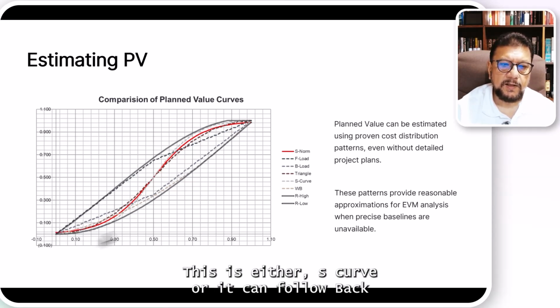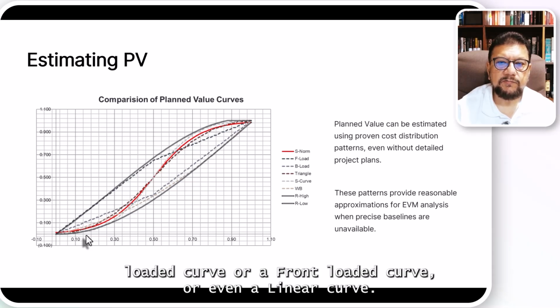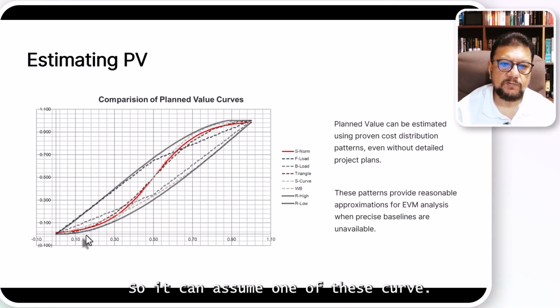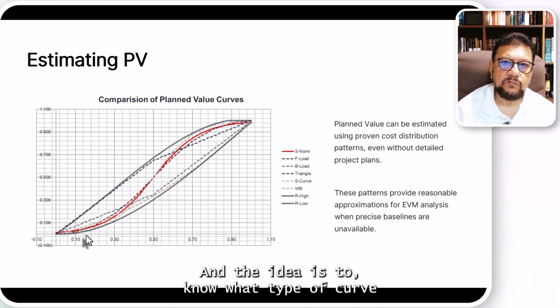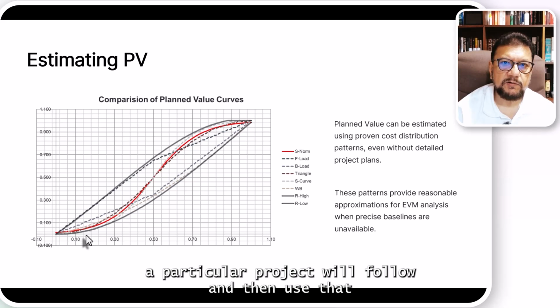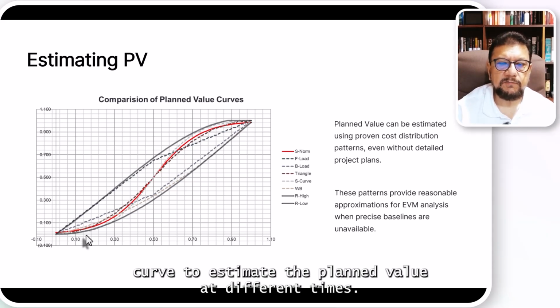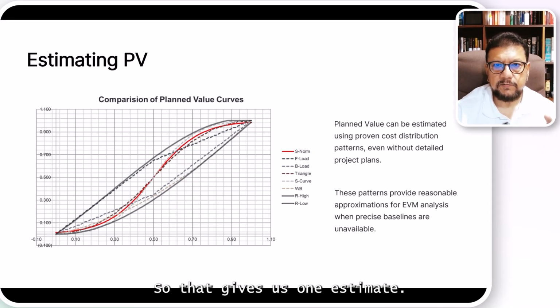This is either an S curve, or it can follow a backloaded curve or a front loaded curve or even a linear curve. So it can assume one of these curves. And the idea is to know what type of curve a particular project will follow and then use that curve to estimate the planned value at different times. So that gives us one estimate.